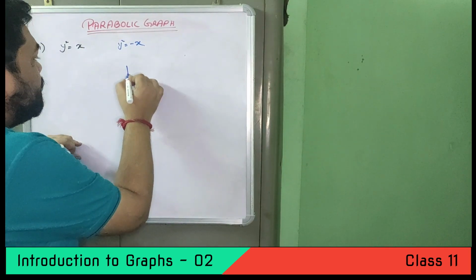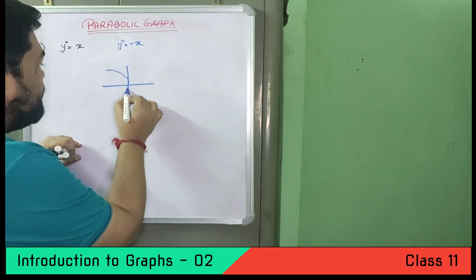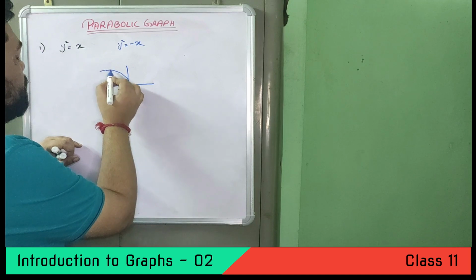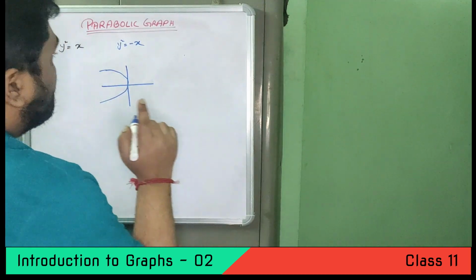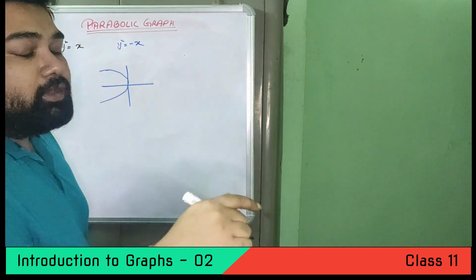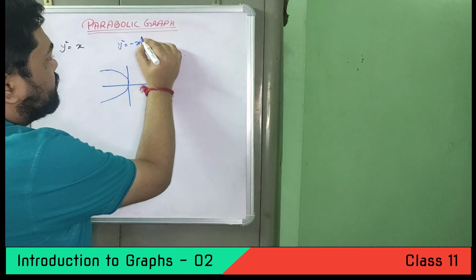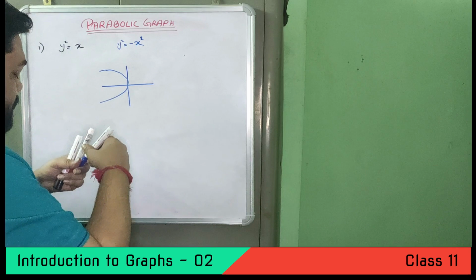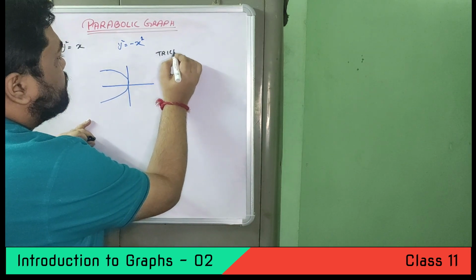So the graph will lie on the negative x axis. The plot will be on the negative x direction. You will always remember that this parabolic curve will be tilted towards that coordinate which has the power 1, right? So here you can write a small trick.